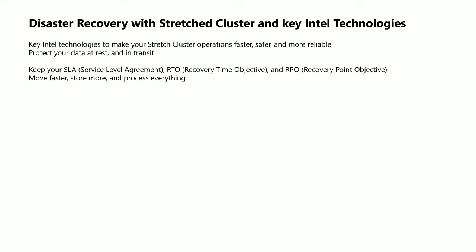In order to keep up your service level agreement, you have to have availability, with a certain expectation for response time. You have to have the data moving where it has to be, protected and safe. Same thing with recovery time objective and recovery point objective.